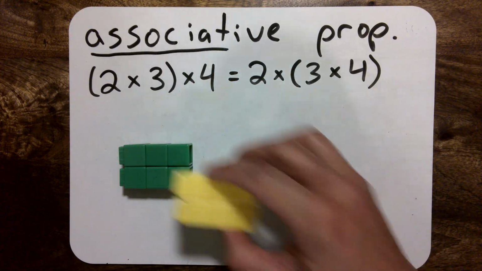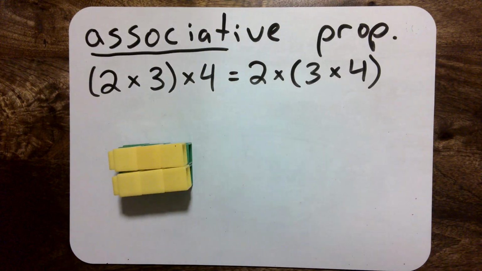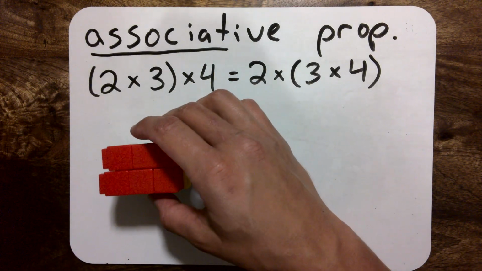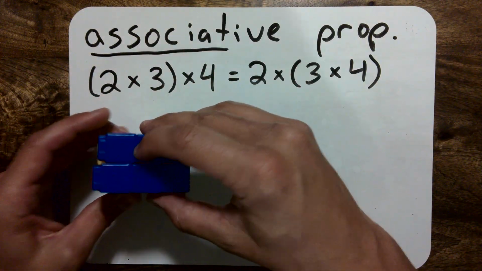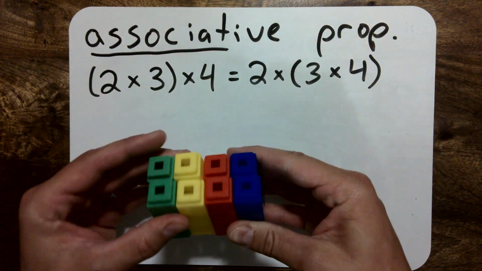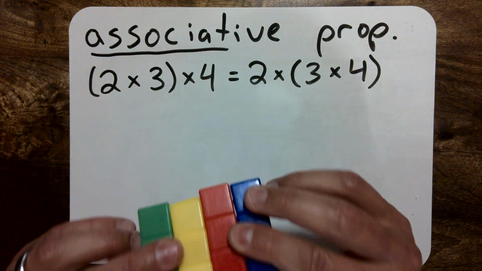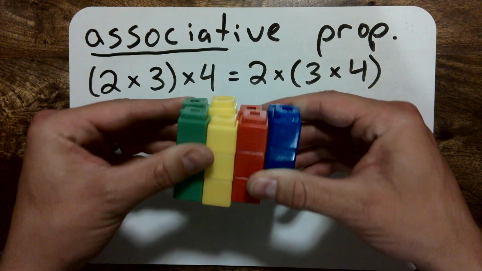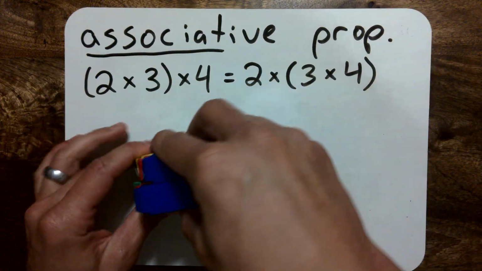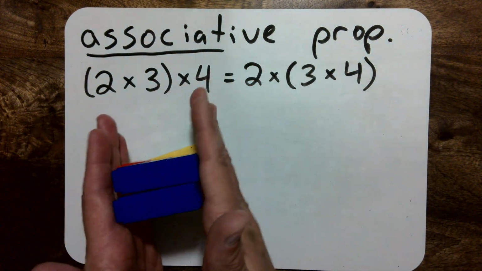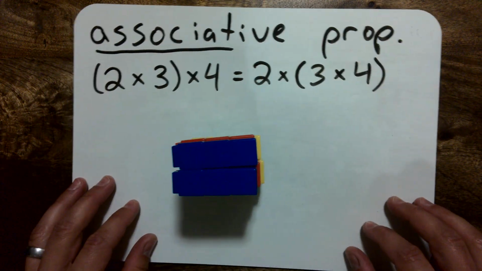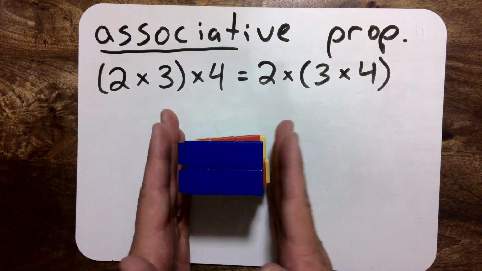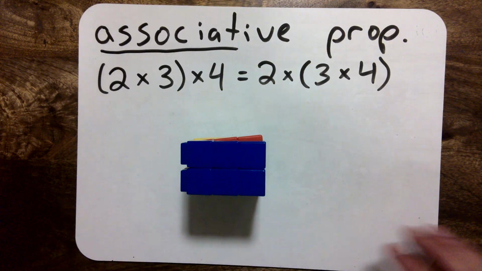We need 4 layers, so there's a second layer, and then there's a third layer, and then a fourth layer. Okay, so we can see, again, there'd be 24 cubes. So on the left-hand side, this is how this is structured, as the area of the base is 2 times 3, so 2 rows of 3.